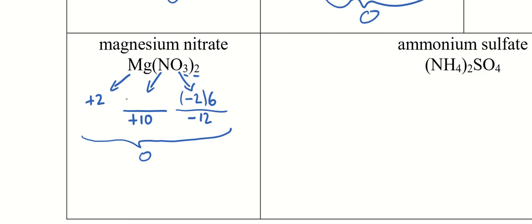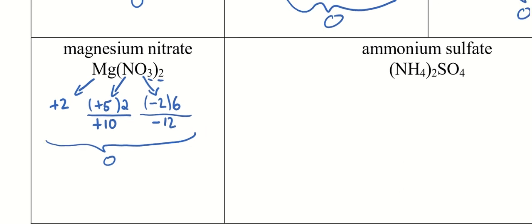Since there's 2 nitrogens, we have to multiply by 2. So the oxidation state of nitrogen here has to be +5. Okay, there's 2 nitrogens here because of NO3 in brackets, 2, so we multiply by 2.